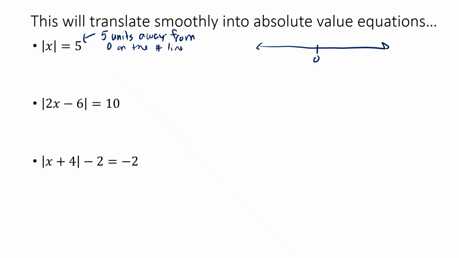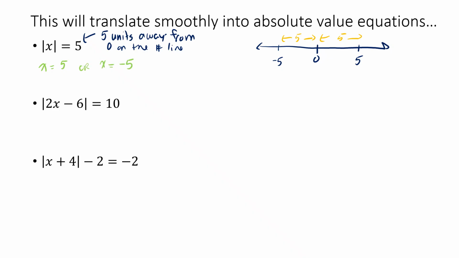And so we would ask students, okay, well, what's 5 units away? Well, we've got 5 over here to the right and -5 over here to the left. And both of these would be 5 steps away if you were, again, like walking with your step counter. And so we have 2 values that would make it true. X could be equal to 5, or X could be equal to -5.